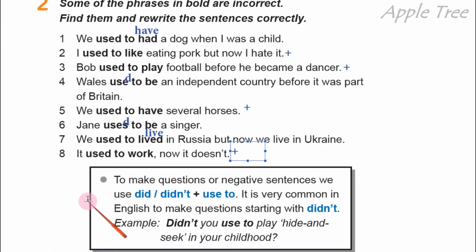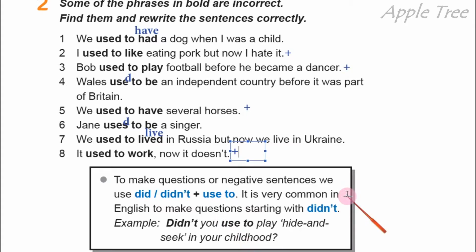Ну і ось вже назріло питання, так, як ми вживаємо питання і заперечення у виразі used to. To make questions or negative sentences, we use did, didn't plus use to. Так само, як і звичайний past simple. Used to ми розподіляємо на didn't use to у запереченні, і з did ми починаємо питання, якщо це нам потрібно.